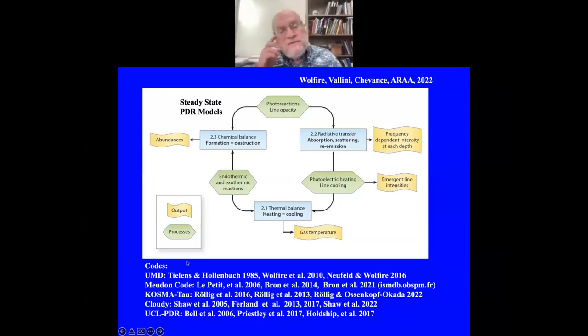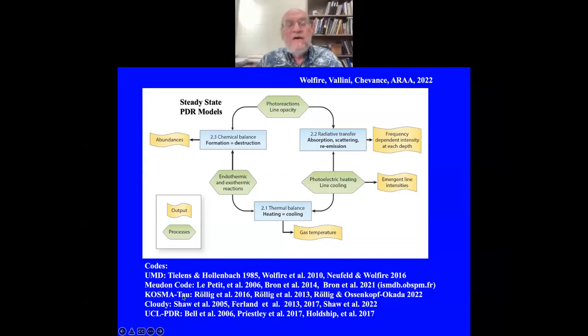Now, there are several groups that are working on the PDR codes. Lars also mentioned some of these. There's the UMD group, that's our group. We have built on the original Tielens and Hollenbach PDR code with many updates along the way. There's the Meudon code. There's a complete description given by Franck Le Petit, but then there's also many updates since then.